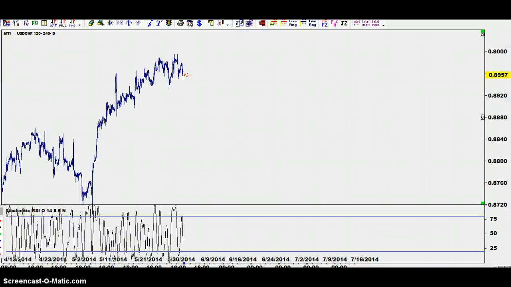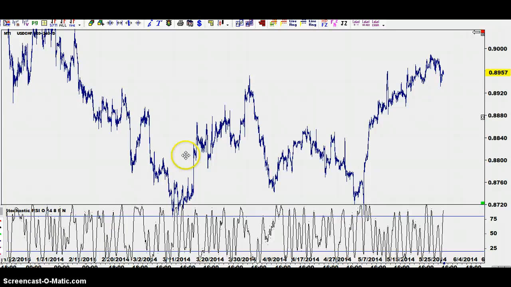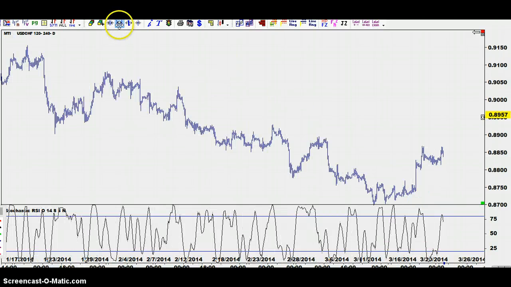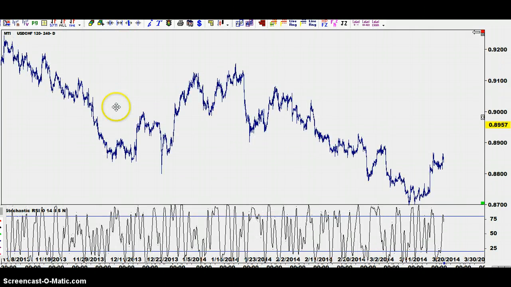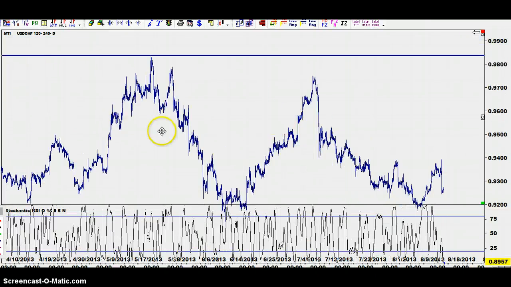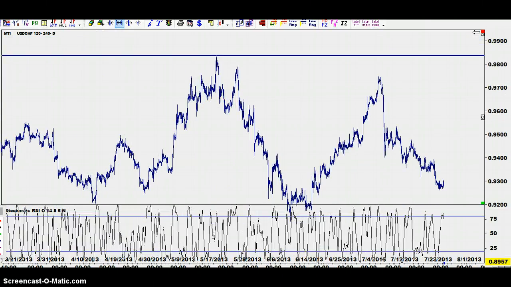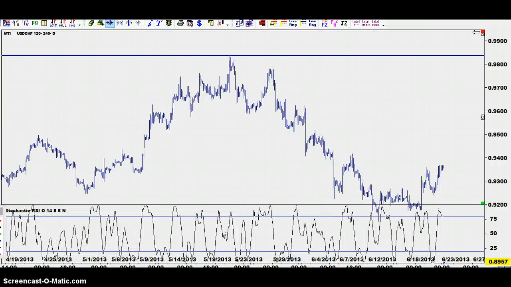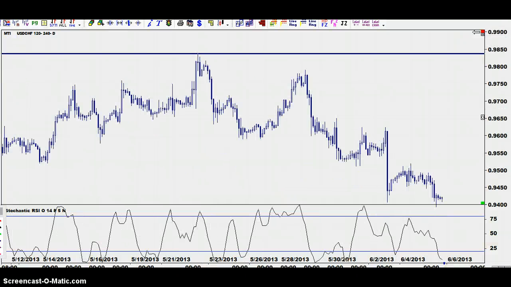Okay, let's move on to the 2 hour. All right, now let's look at this. We can keep going back and make sense of this chart. Alrighty. Okay.